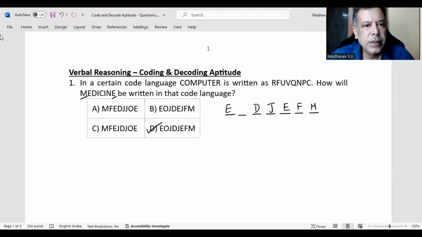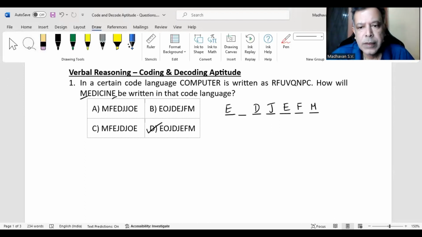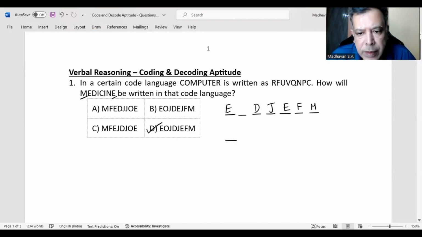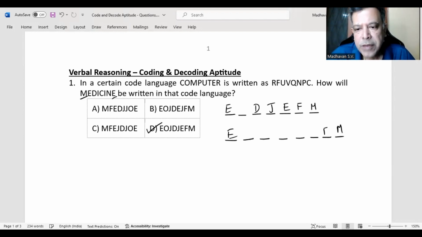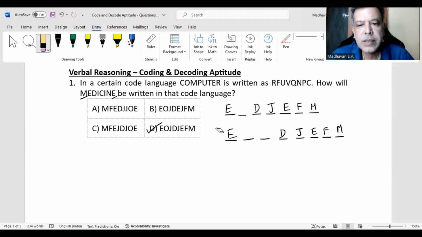Oh, sorry, I didn't write it properly. Let me write: 1, 2, 3, 4, 5, 6, 7, 8. E and M, F, E, J, D. Let me rub out the first one, which I wrote wrongly. I only wrote for 7 letters.